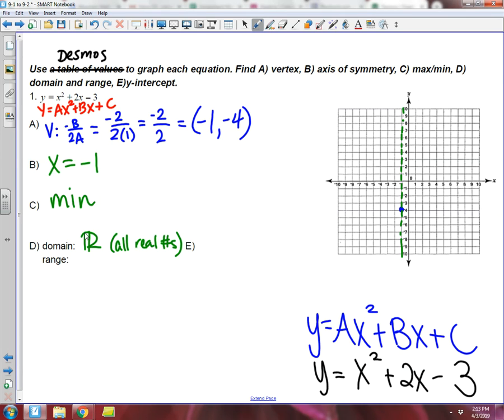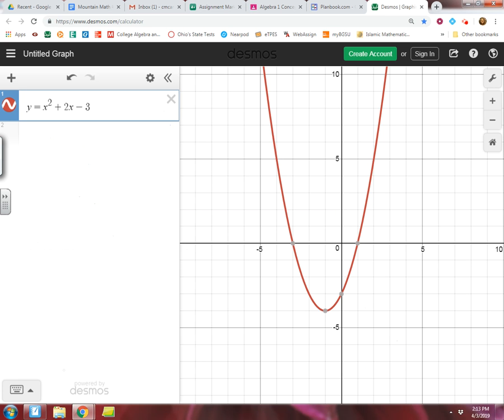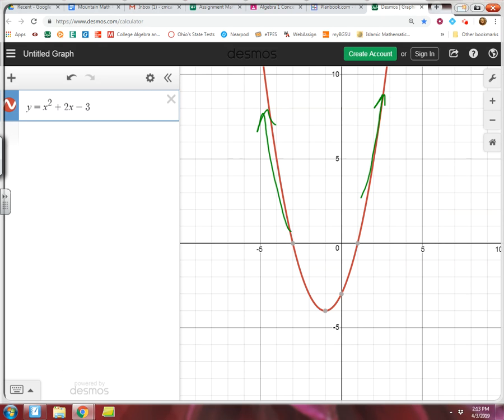Now, the y is the range, isn't it? Yes? So now I'm going to go back to my graph, and I'm going to talk about the y's. Which way do y's go? So if I look at this graph, this thing only goes which direction? It only goes up, does it? Which means it has to have a very lowest point. Well, we said it had a minimum, so of course it has a very lowest point, yes?